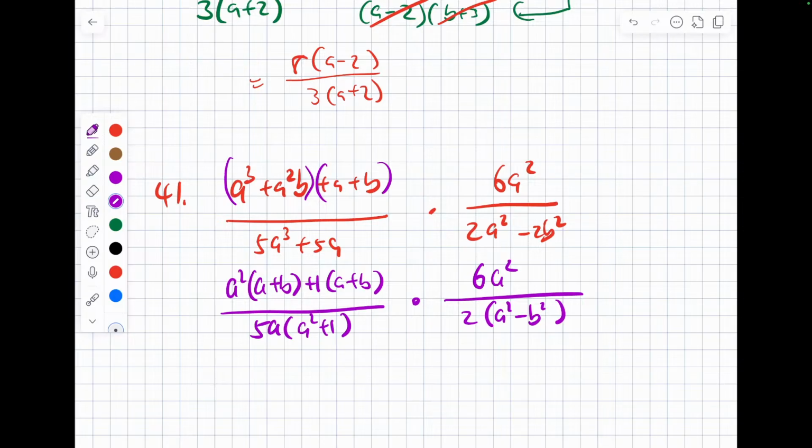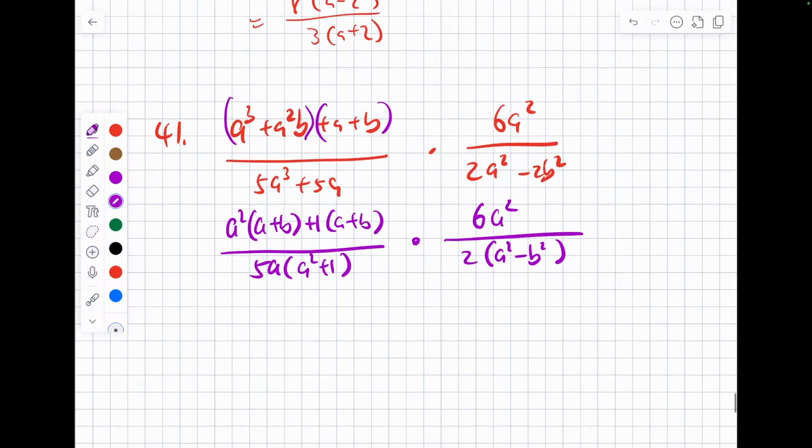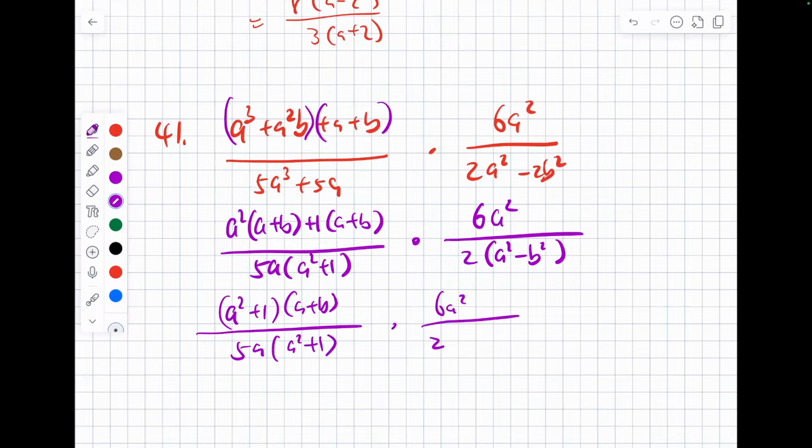It's just big, massive factoring. A squared plus 1 times A plus B. This is just factoring correctly. 5A times A squared plus 1 times 6A squared over 2. This is a difference of squares, so it'll be A plus B times A minus B. So I go ahead and factor that. I will probably simplify this.